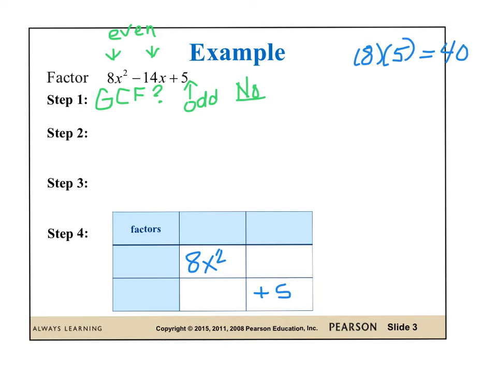The first one is 1 times 40, and it's probably not going to be the right one, but we never want to leave that one out. The second one is 2 times 20. 3 doesn't divide 40, so we'll skip over 3.